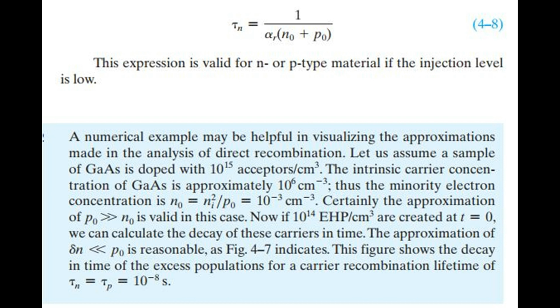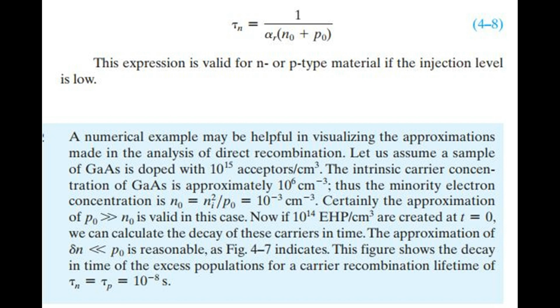Now if 10^14 electron-hole pairs per cubic centimeter are created at t equals 0, we can calculate the decay of these carriers in time. The approximation of Δn ≪ p0 is reasonable, as Fig. 4-7 indicates. This figure shows the decay in time of the excess populations for a carrier recombination lifetime of electrons equal to the lifetime of holes equal 10 nanoseconds.